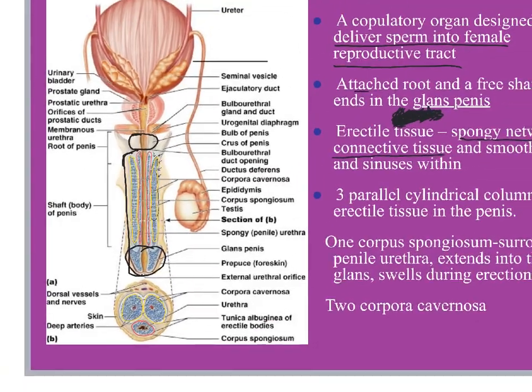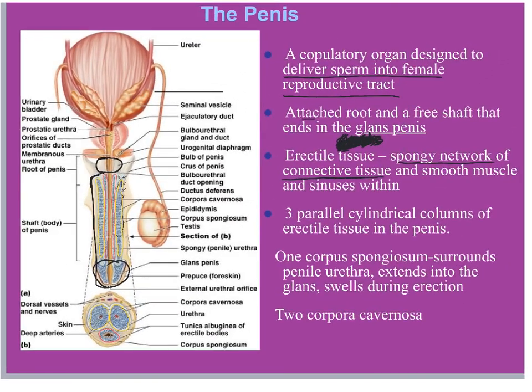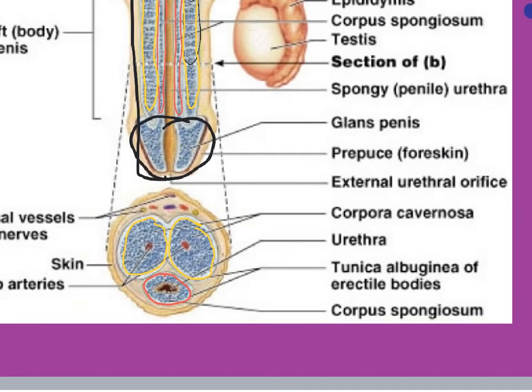So the function of having this erectile tissue is that upon the appropriate nervous stimulation, the blood flow to this area, to the erectile tissue, increases. So you see that blood vessel right there?